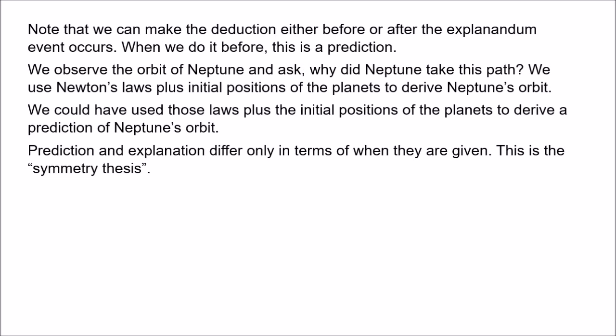This is known as the Symmetry Thesis. Every explanation could have been a prediction, every prediction could have been an explanation. And of course that's appealing because it gives us a unified view of science, where these two things, which at least initially look like they're different, prediction and explanation, actually have exactly the same logical structure. So I think that's a rather pleasing result.